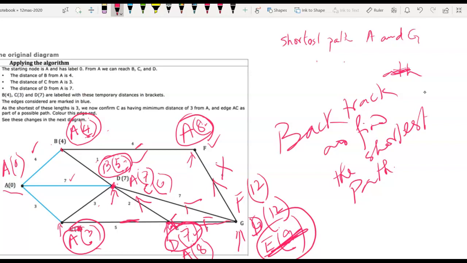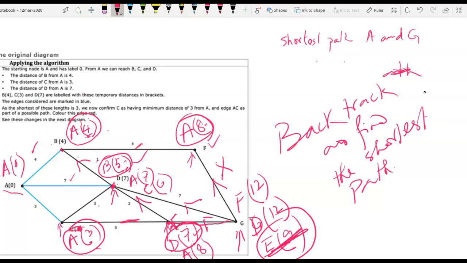So if we go back to D, which is 5, the summed up distance is 5. If we go back this way, yep, this is going to give you the right route, because 5 minus 1 is 4, which works.